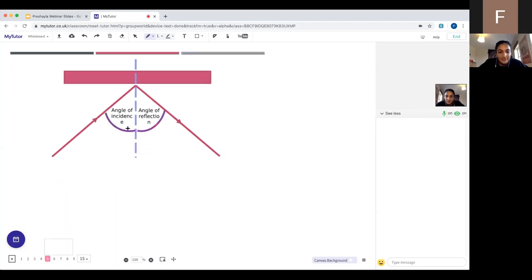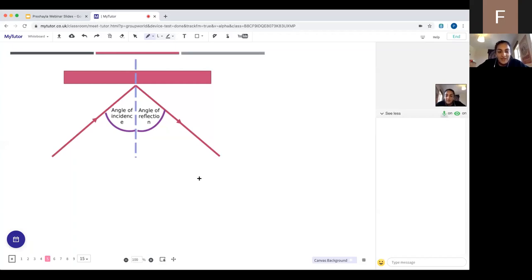So angle of incidence on the left and angle of reflection on the right. Okay, so that is how to construct a basic ray diagram for a reflection off of a mirror. It might not be called a mirror in the exam, it might just be called a reflective surface, in which case they are the same thing and it would be exactly the same ray diagram that you'd be expected to draw.